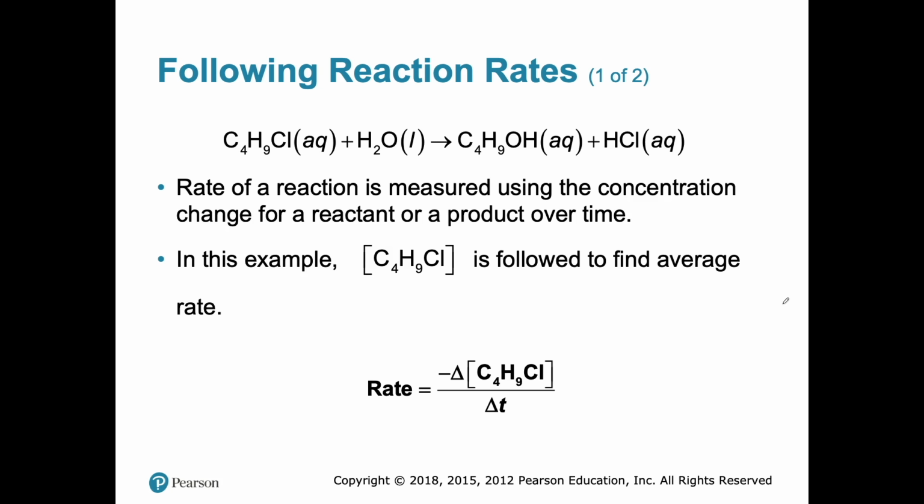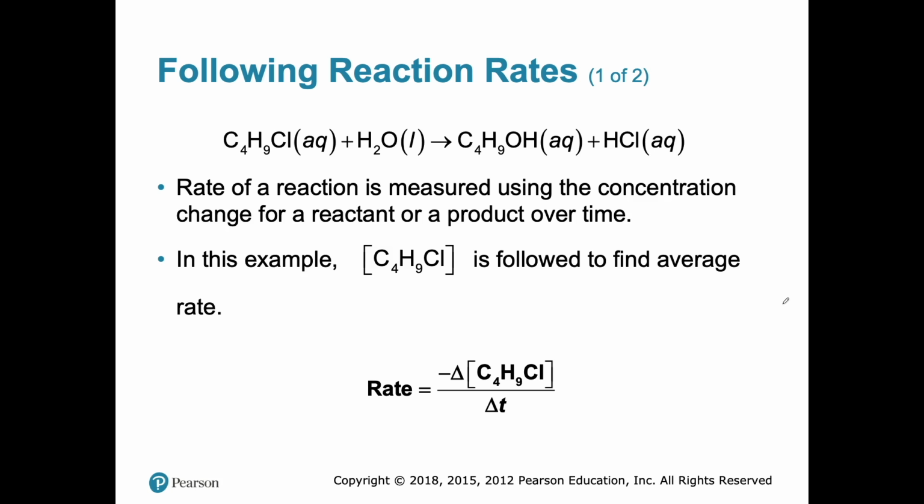So let's apply this to a reaction. We have here this molecule, which is butane with a chlorine, so maybe this is called chlorobutane, right? C4H9Cl. It's not so important what the name of it is.